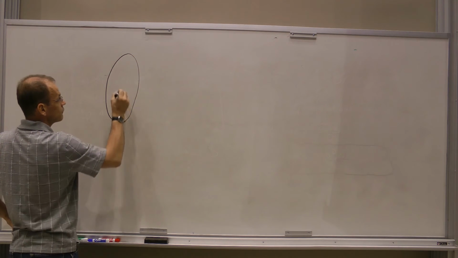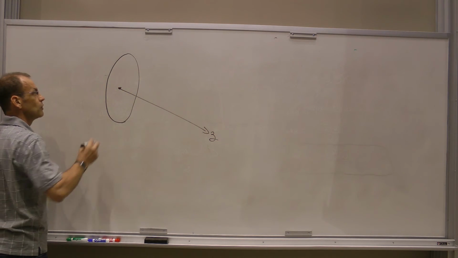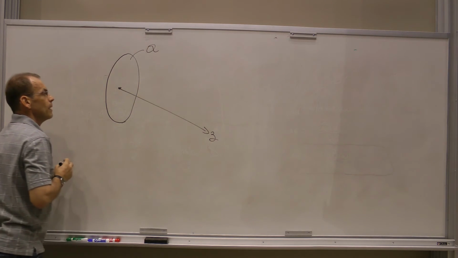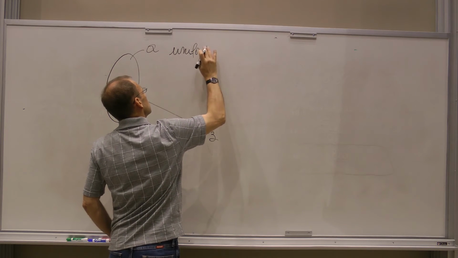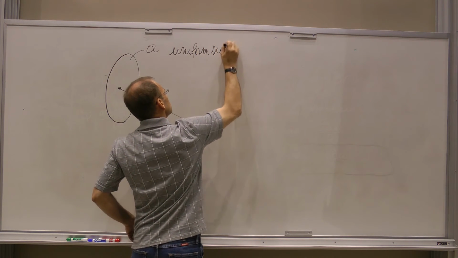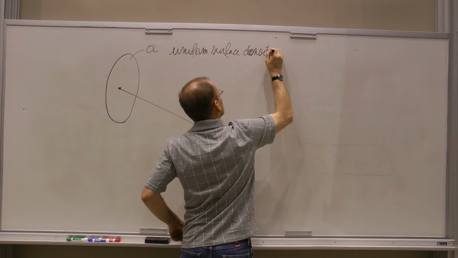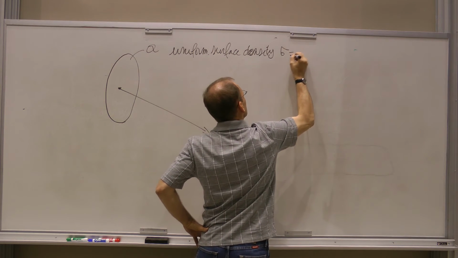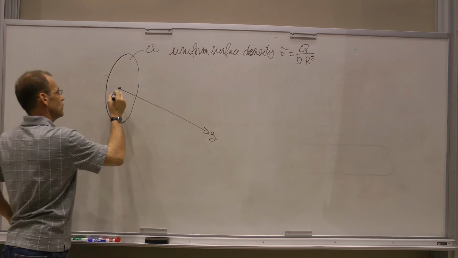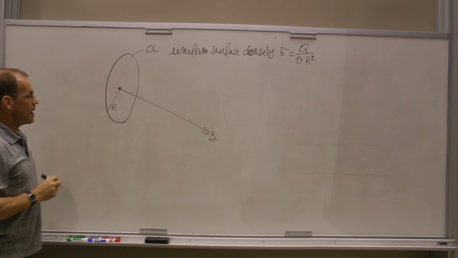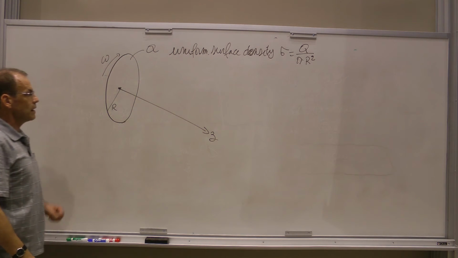And we're going to make this disk of charge rotate around an axis z passing through its center, with a charge big Q, which we assume to have a uniform surface charge distribution, a uniform surface charge density, or constant charge density sigma, of course Q divided by pi r squared, if r is the radius of the loop. And we're going to make this loop rotate at an angular velocity of omega.